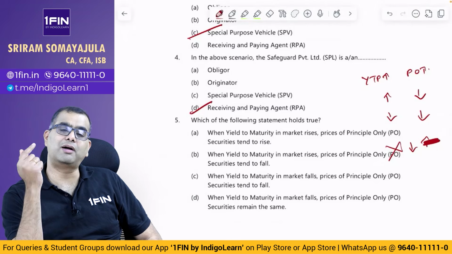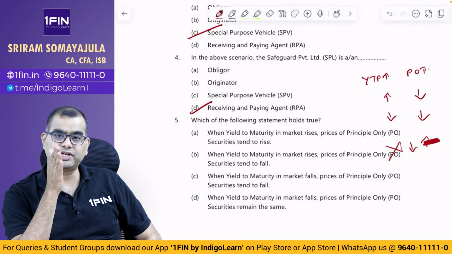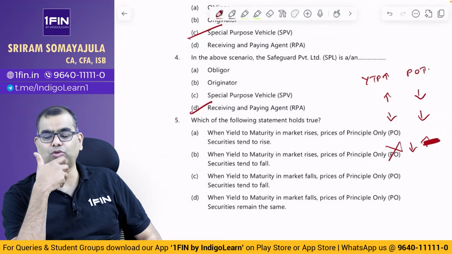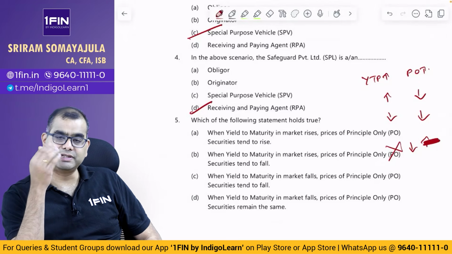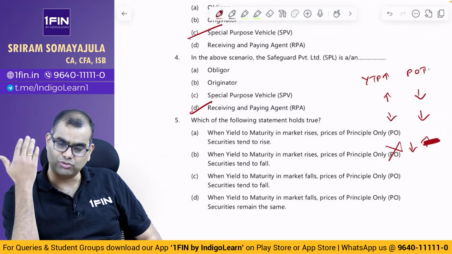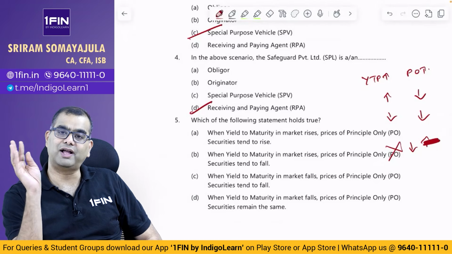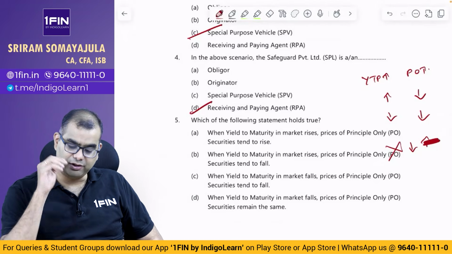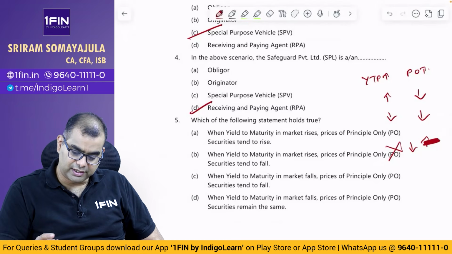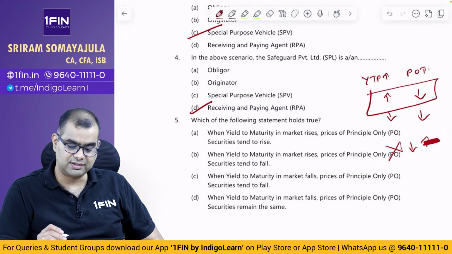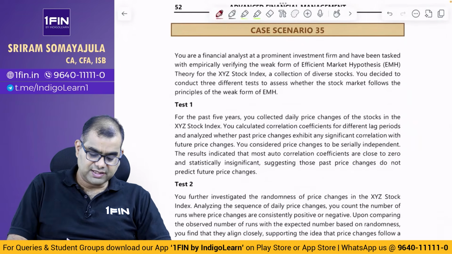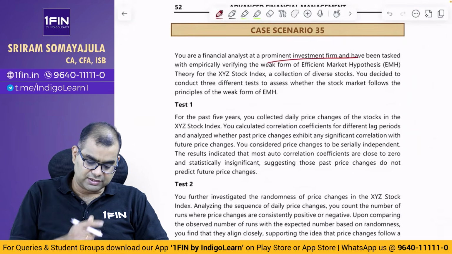Your principal is going to come back to you late and not at the originally envisaged early time. There are going to be no prepayments. Then principal is delayed. If principal is going to come late and the discount rate is also higher, the value of principal comes down. So PO value falls. So the correct answer for this is, if the interest rates increase, the PO value falls. Answer is B.